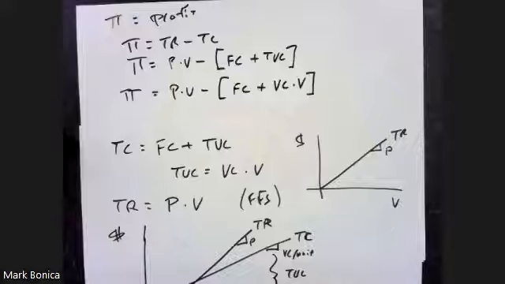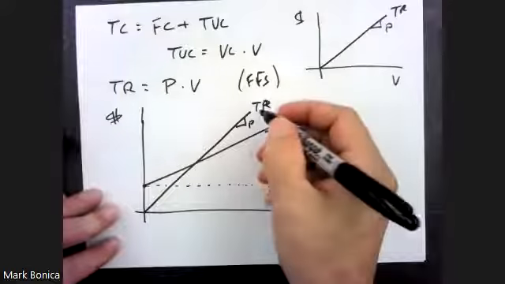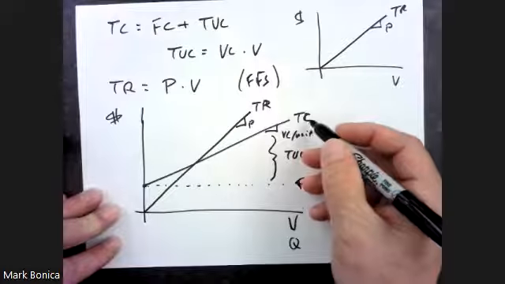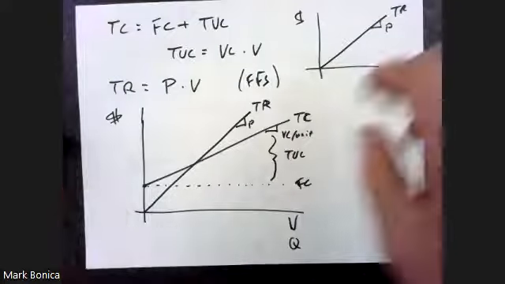We can graphically represent profit here, though. If this is total revenue and this is total cost, then I pick an arbitrary volume, and I'm just doing it graphically, call it V1, and draw a line up from V1.